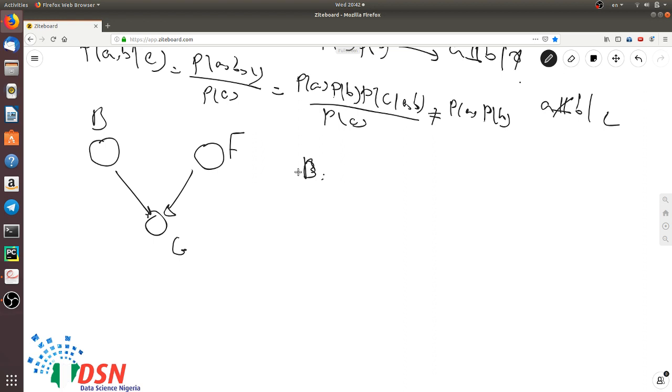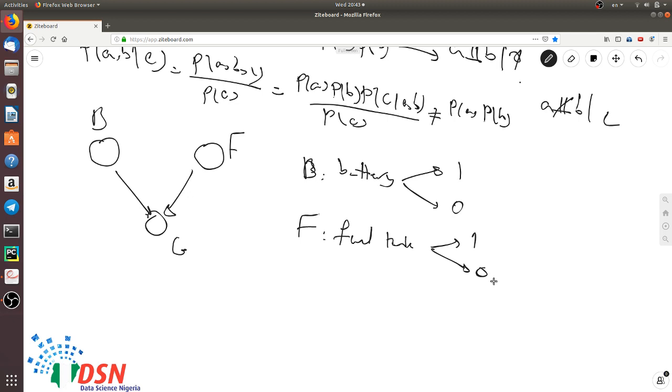Assume that B is the battery state. So if the battery is charged, it is 1. If the battery is flat, it is 0. And F is the fuel tank. If it is 1, it means that the fuel tank is full, and if it is 0, it means that the fuel tank is empty.